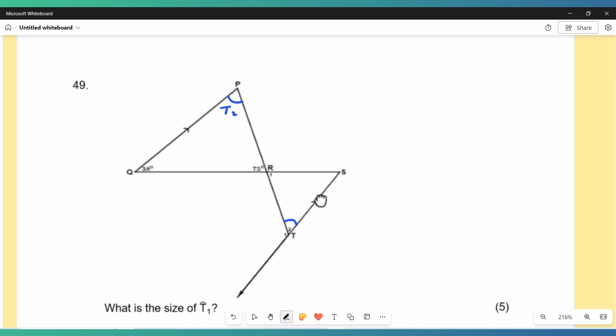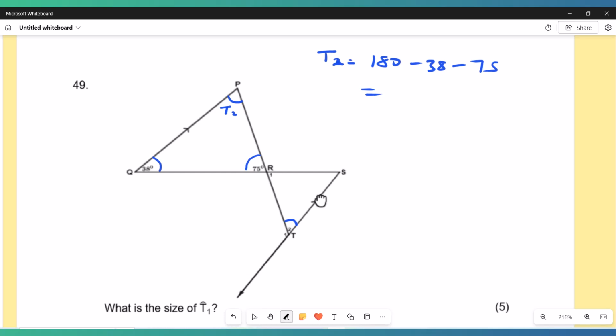Now to get my T2, I'm going to say 180 minus 38 minus 75. So my T2 equals 180, okay, minus 38, then minus 75. So what do I get here? These are angles in a straight line, okay? So calculators, 180 minus 38 minus 75 gives me 67 degrees.